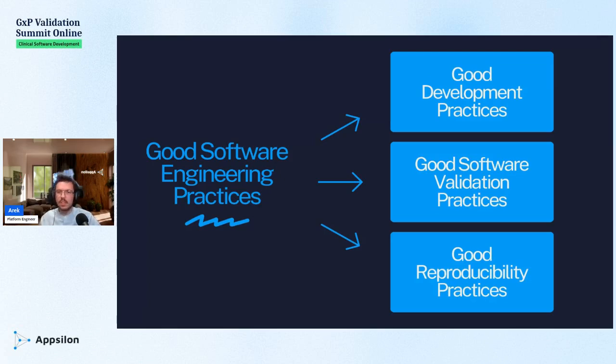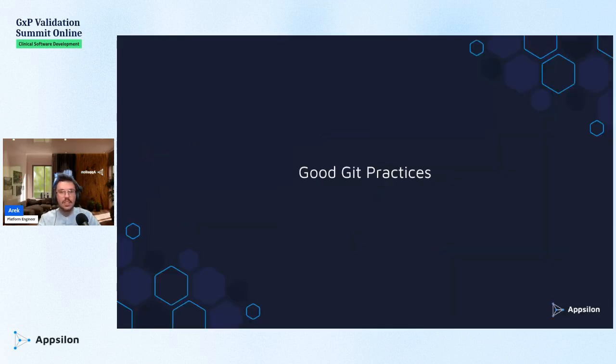So good development practices, good software validation practices, and of course, good reproducibility practices. Automation and Git make a huge part of those subgroups of GxP. And that's the context for GxP in this talk. So as I promised, that was a short intro.